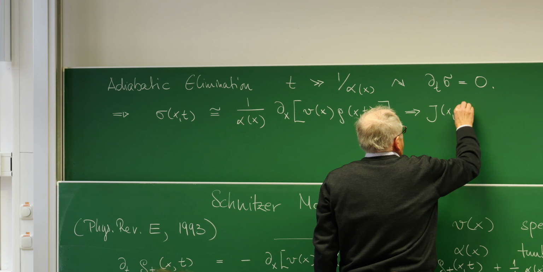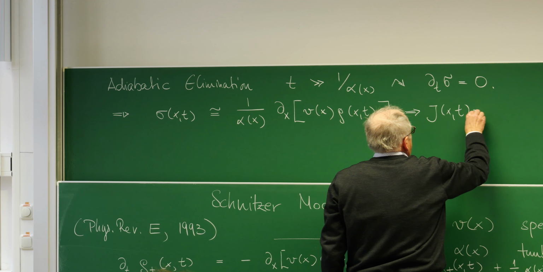J of x and t is then equal to minus v of x divided by alpha of x. Oh, sorry, I forgot the minus here. Excuse me for that. Dx v of x rho of x and t.